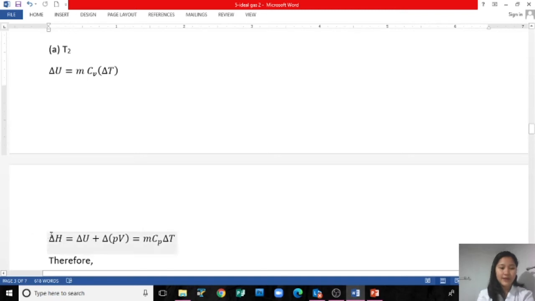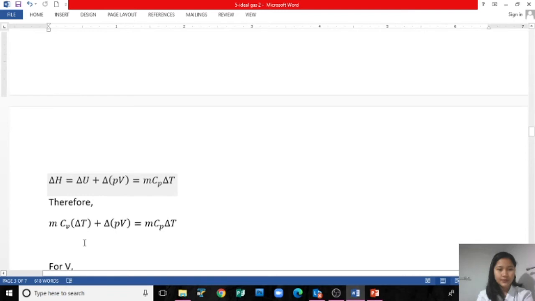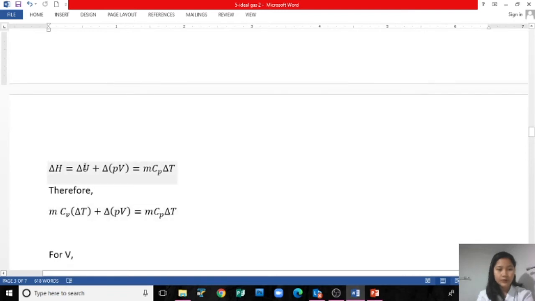The formula for the enthalpy is equal to delta U plus delta PV equal to mCp delta T. Now, since delta U is equal to mCv delta T, we're going to substitute this value of delta U here. Therefore, mCv delta T plus delta PV equal to mCp delta T.